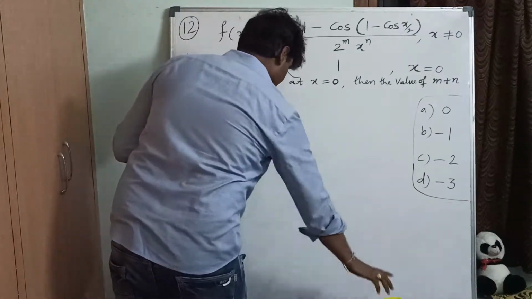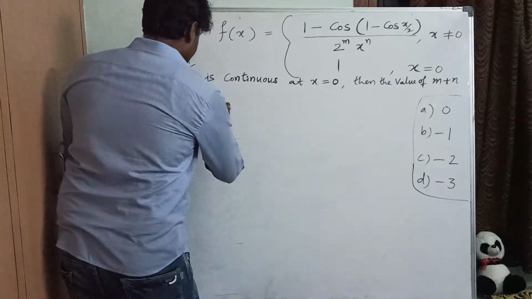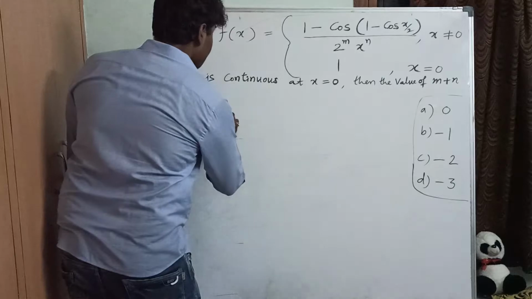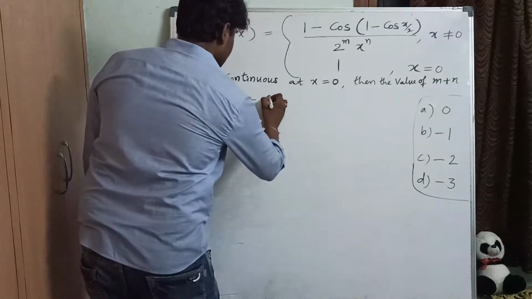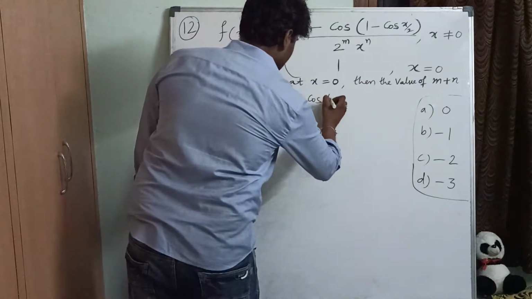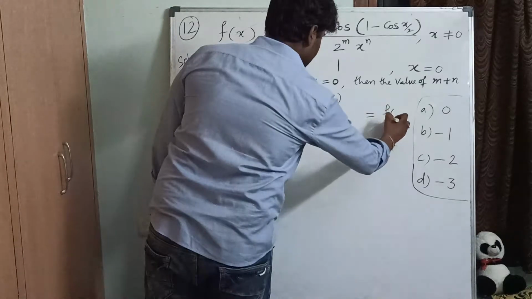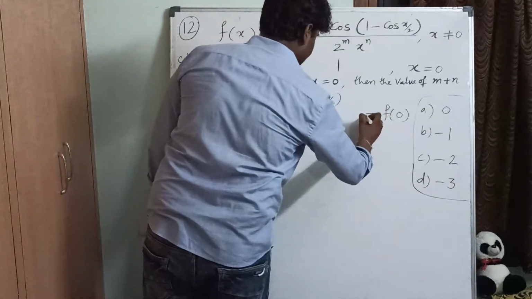Now see here, the limit as x tends to 0 of (1 minus cos of (1 minus cos x)/2). Anyway, the limiting value equals the functional value, which I am going to write here.